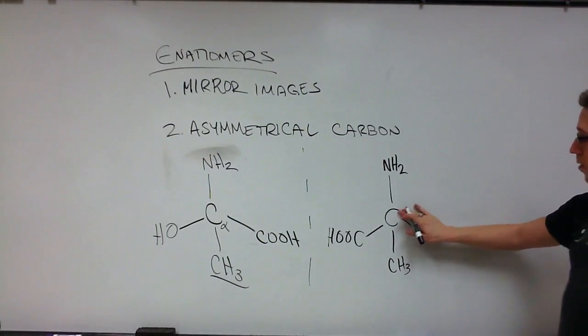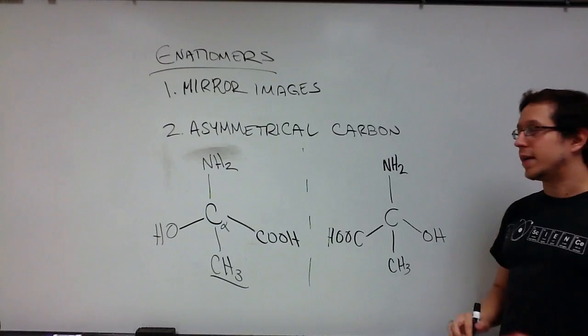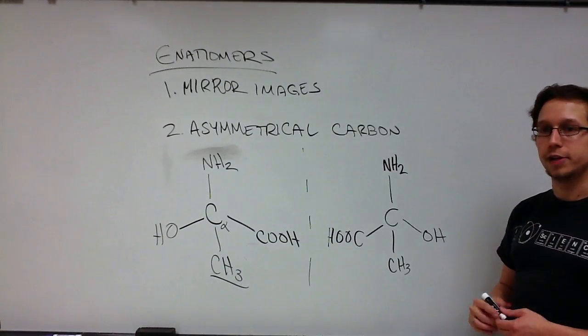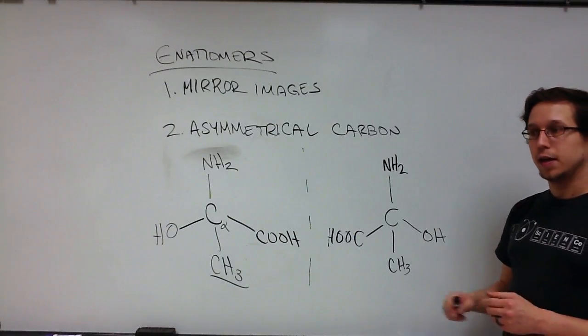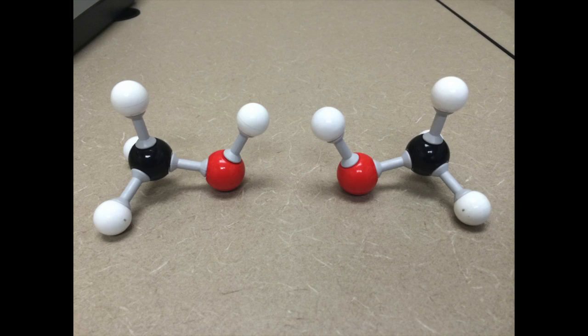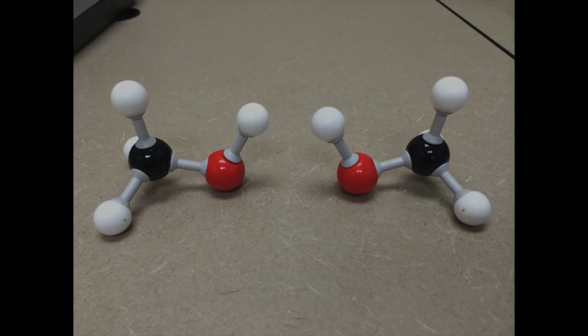So there we go. So this is what enantiomers look like. And you'll recall from lecture, I showed you those 2 pictures. In the first picture, we had an alpha carbon that was not asymmetrical.